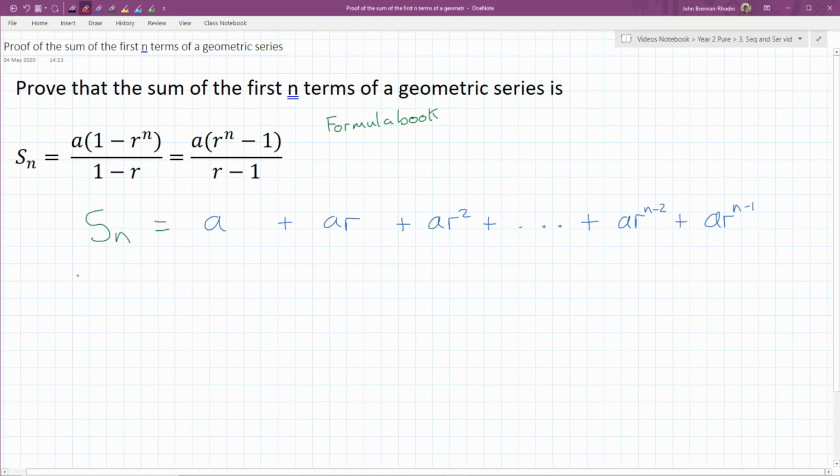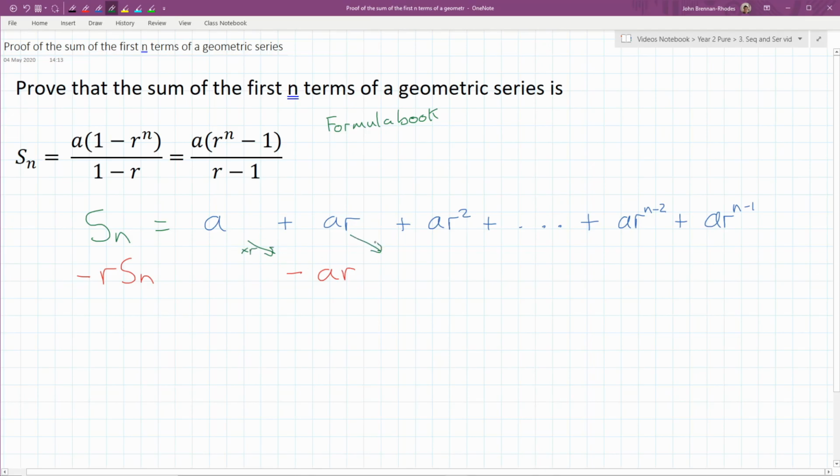And what we're going to do is subtract R times this whole thing. So if I multiply A by R, I get AR, and I'm going to write it there.